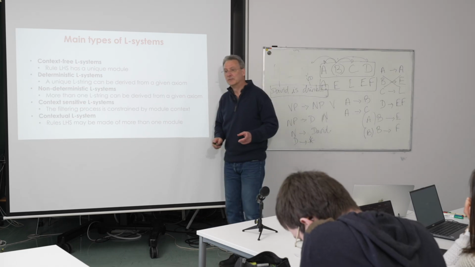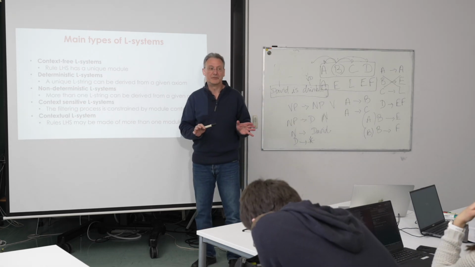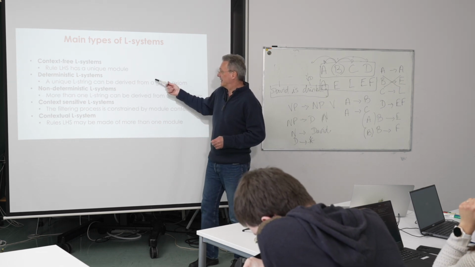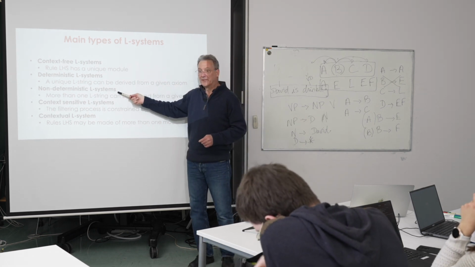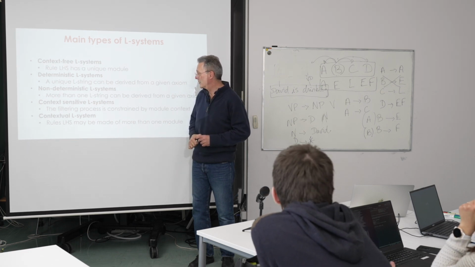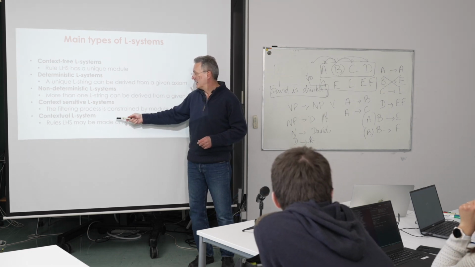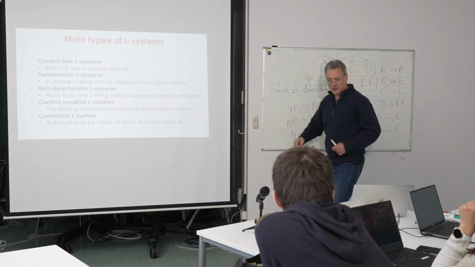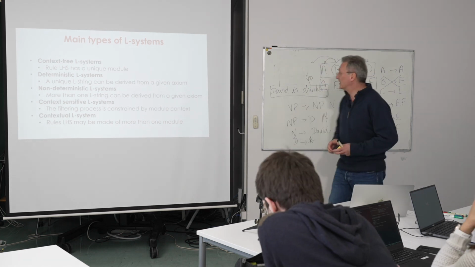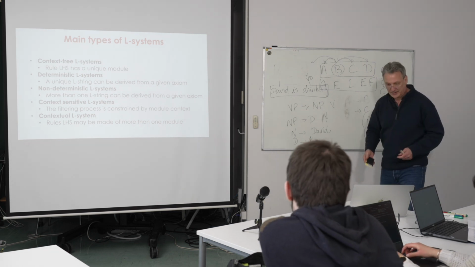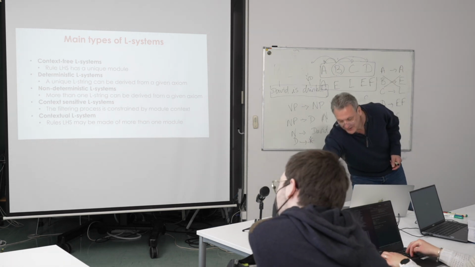Clear? This is not too difficult, but is that clear? So deterministic and non-deterministic are in a way dual systems, and then there are the contextual L systems. Just to finish, you can rewrite more than one symbol at a time.